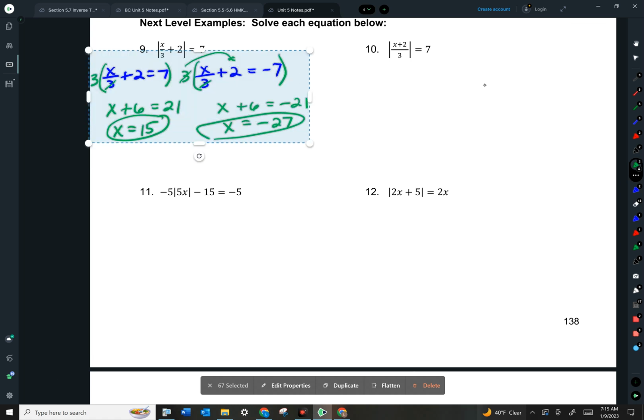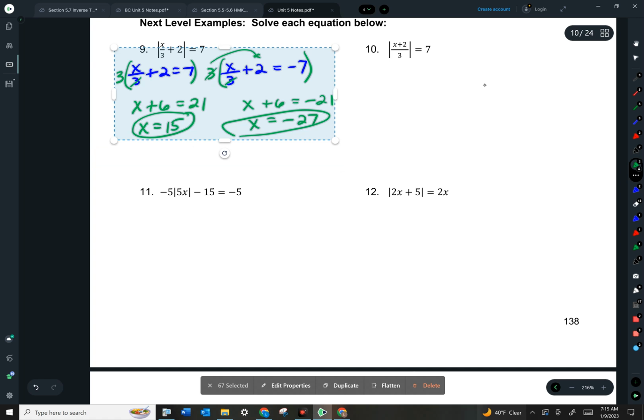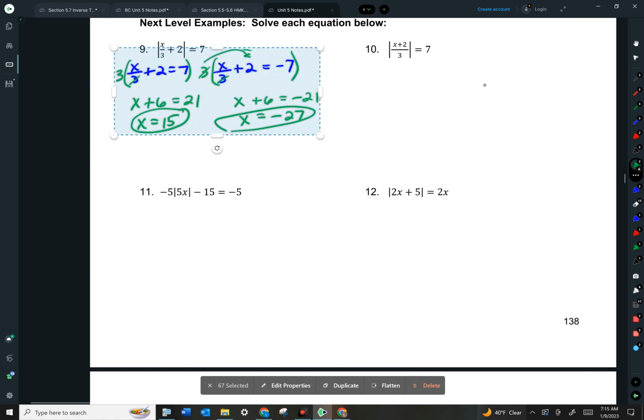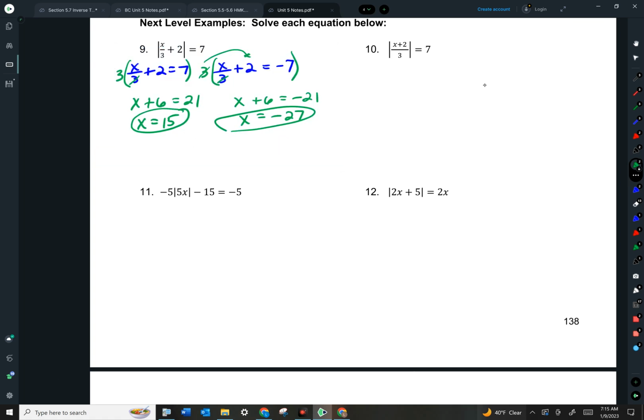Let's try one more with fractions here. Look at number 10. So the absolute value is already by itself, so I'm going to start by writing my two equations. I'm going to say x plus 2 over 3 equals 7, or x plus 2 over 3 equals negative 7.